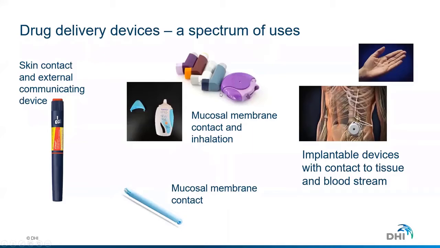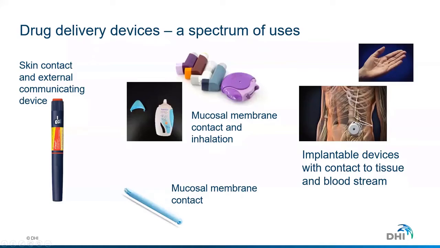For the inhalation devices, they have contact with mucosal membranes, either the nasal membranes or the mouth, and they are also subject to inhalation of the drug that they deliver. The vaginal rod here is in contact with the vaginal mucosa, and the implantable devices here are obviously in contact with the tissues where they are implanted, and may also be in contact with the bloodstream, either directly or indirectly through the delivery of the drug.